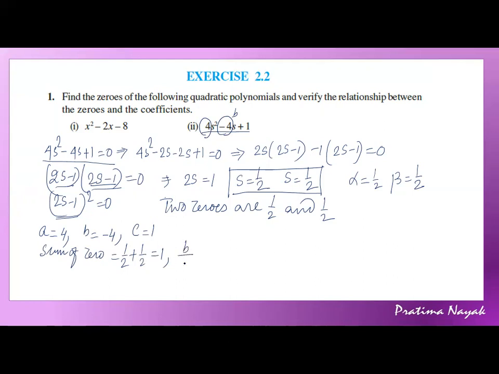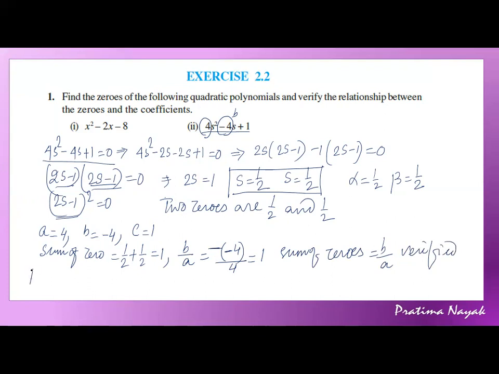Then write minus b by a. Minus b by a is minus of minus 4 by 4, because the formula has a negative and b is itself negative, so it will be 4 by 4, that is 1. Then you write sum of zeros is equal to minus b by a, verified.